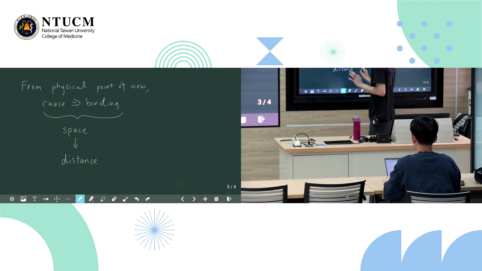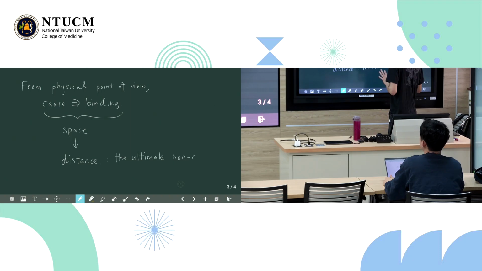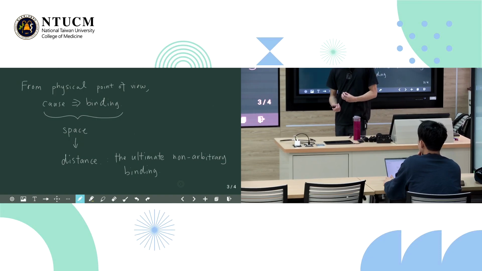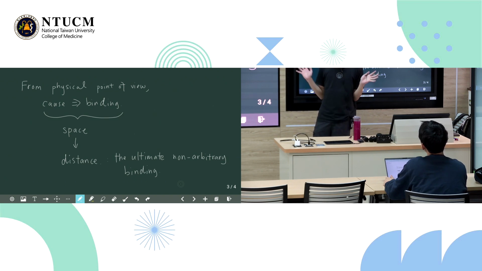Distance, the ultimate non-arbitrary binding. Insofar as we know how reality works, you cannot run away from this fact. So far no one has, right? It just takes X amount of time for you to get from this location to that location, unless you can teleport. So far, no such thing.